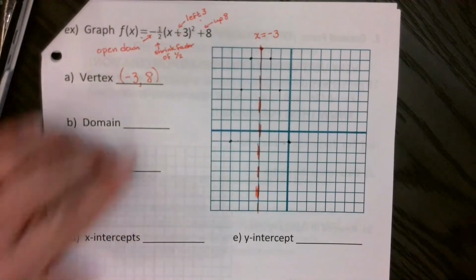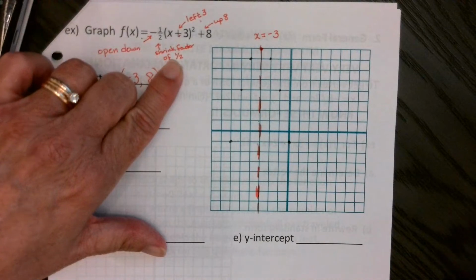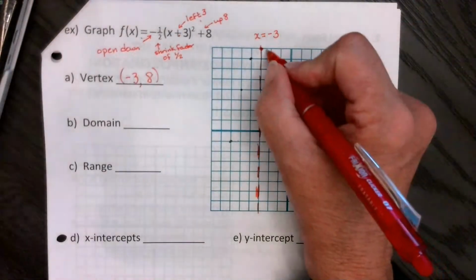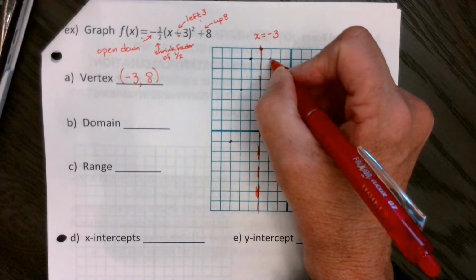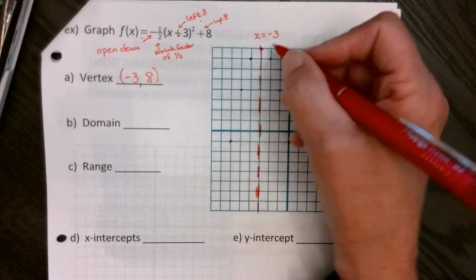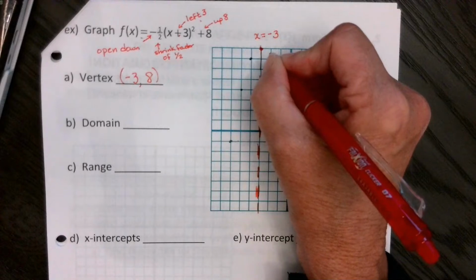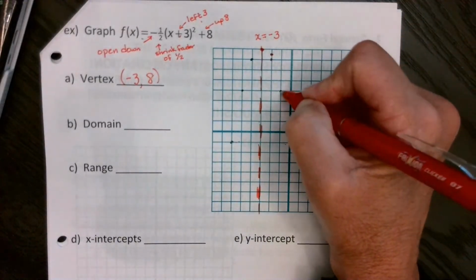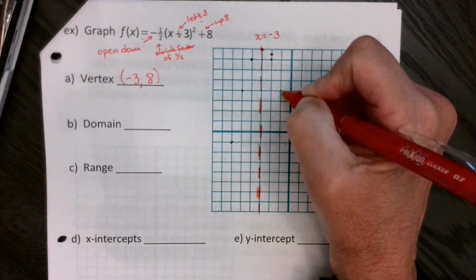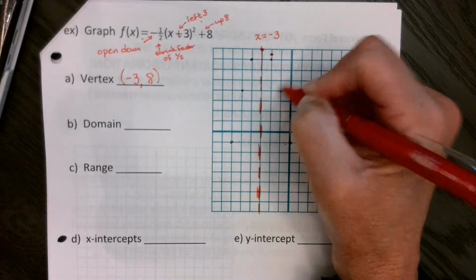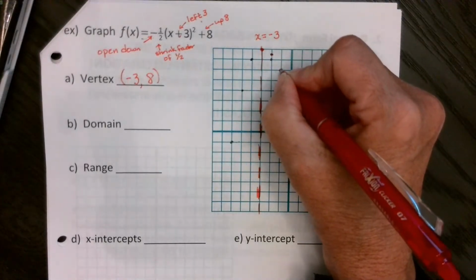Okay, now we're going to do the shrink factor of a half. This was right 1, down 1. Well, if I multiply 1 by 1/2, I get a half. This right here was down 4. Half of 4 is 2, so it went down 2.